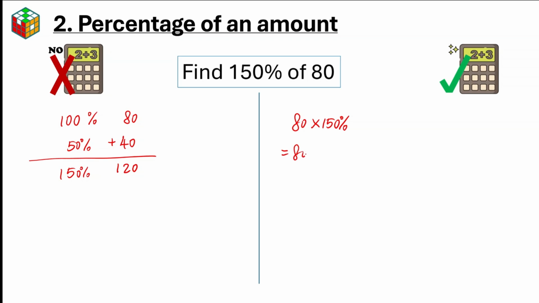That means 80 times, I write it as my multiplier. Multiplier means decimal. 1.50 or 1.5. In your calculator, 80 times 1.5. Yes, that gives me 120 for the calculator paper.